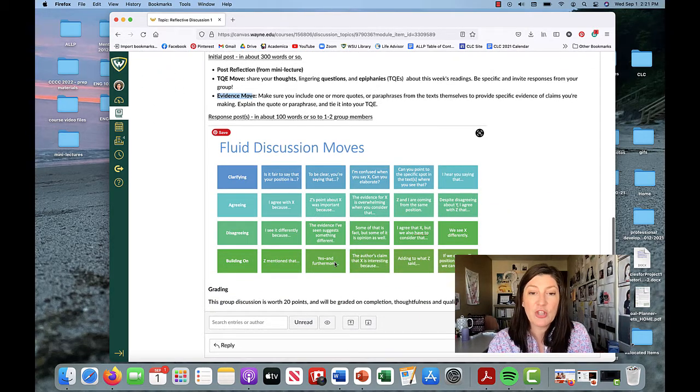Here are some fluid discussion moves that I'm looking to see. And if you've taken my class before, you know that if I'm not seeing good quality interactions in the discussion, I might take a few points off for that. Not because I want to be hard on you, but because I want to push us to have more meaningful interactions.